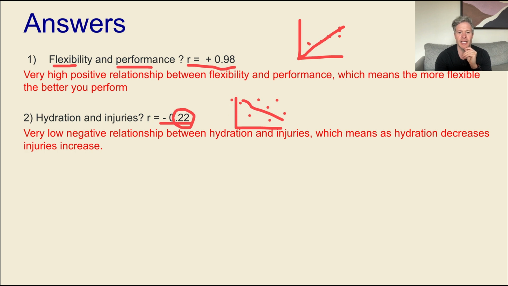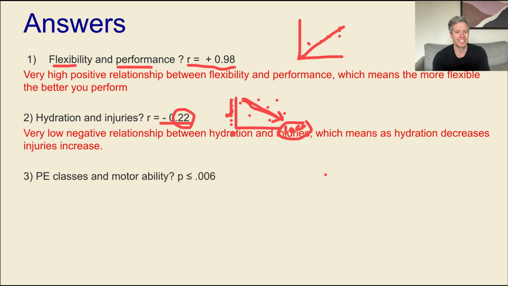And so that means as my hydration level gets lower and lower, my chance of injury goes up, right? Let's just say this is 100 up here, 100% chance of injury, and this is 0. So we can see as hydration goes down, we have our correlation heading this way, which means we get a higher degree of chance of injury. Okay? So that's how we interpret that.